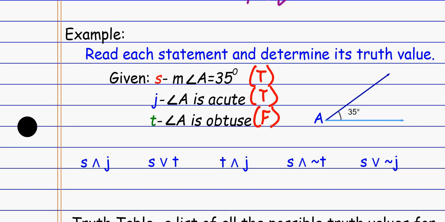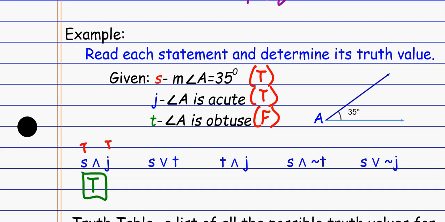If I look at that first one, it says S and J. And remember, S was true, and J was also true. For an and statement to be true, both pieces have to be true. So S and J would have a value of true, because both pieces are true.